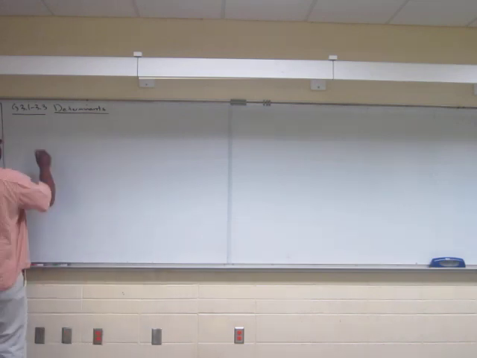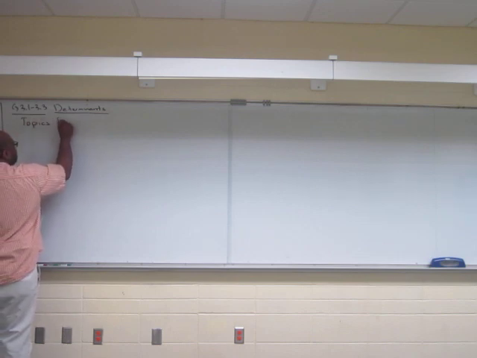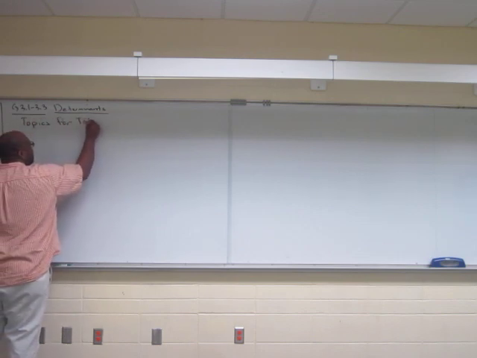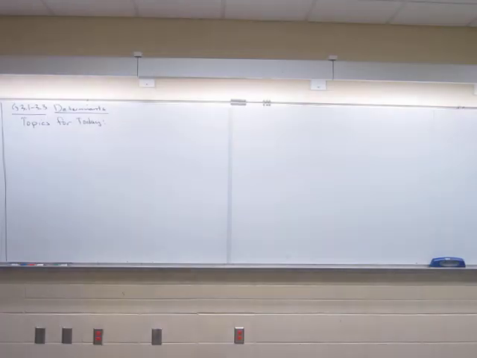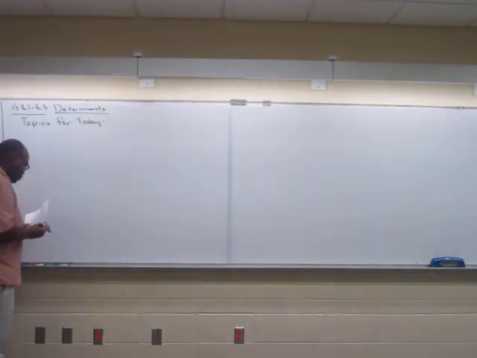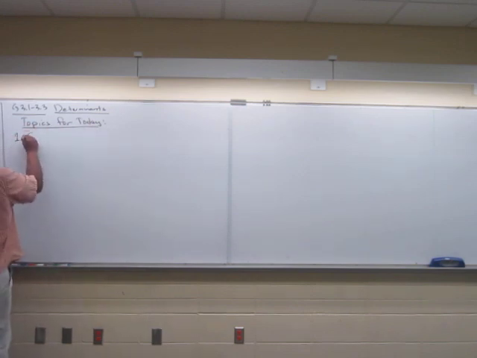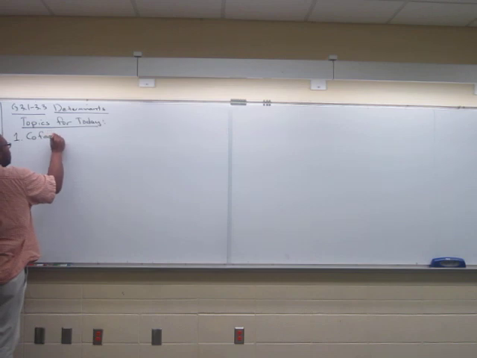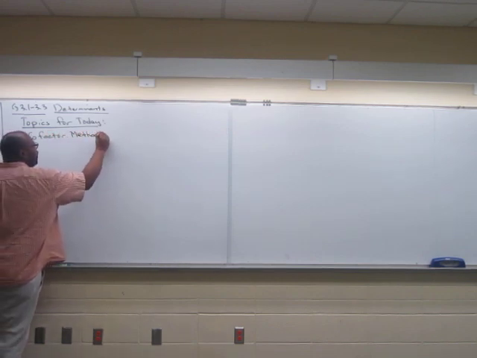So the topics for the day. Let me turn on this light here, make it a little bit brighter. Topics for the day. One, I'm going to do a couple more examples with the cofactor method. We've already looked at some before.